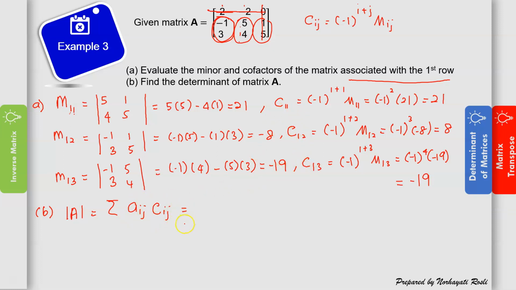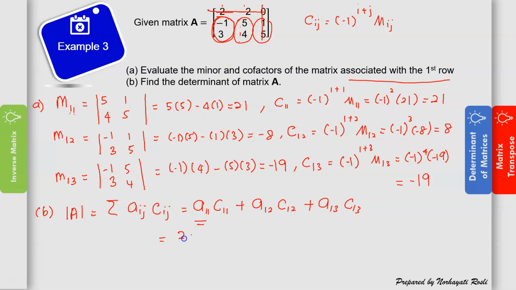So you should make it consistent with the i and j in the cofactor for this element Aij. Here we have A11 times C11 plus A12 times C12 plus A13 times C13. A11 based on the matrix is given by 2.